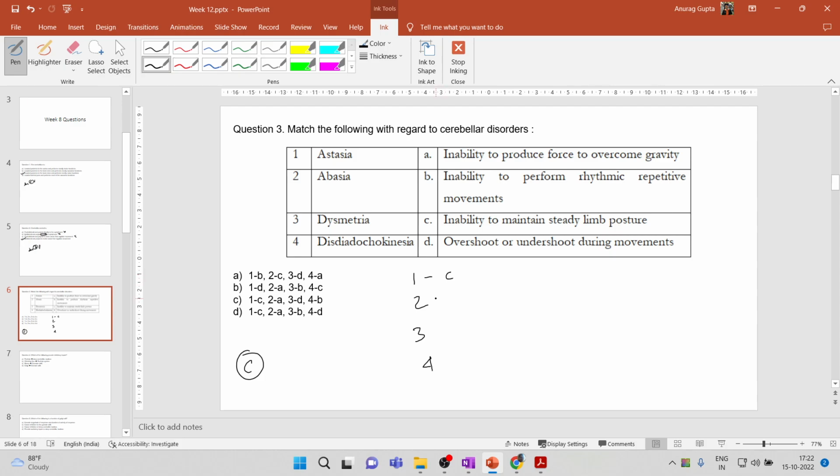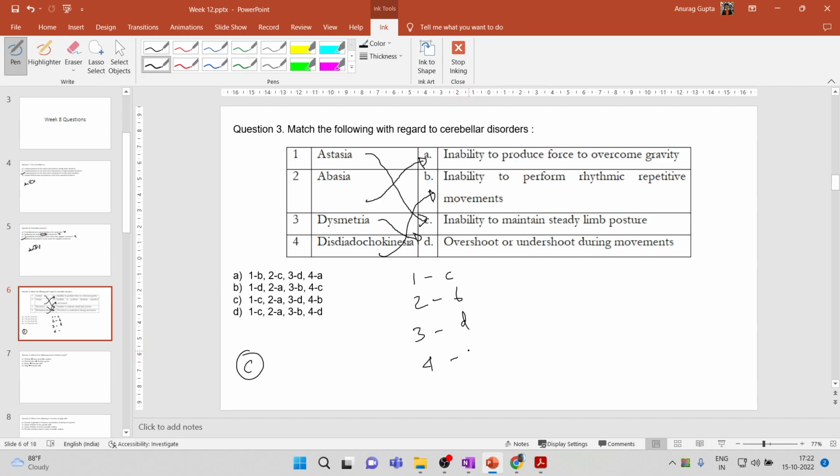We have seen this in the cerebellar disorders. Then asthenia is the inability to produce force to overcome gravity. So 2B. And then dysmetria is overshoot or undershoot during movements. 3D. We have seen this. And dysdiadochokinesia is the inability to perform rhythmic repetitive movements.